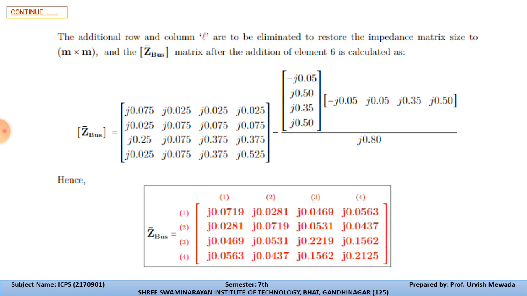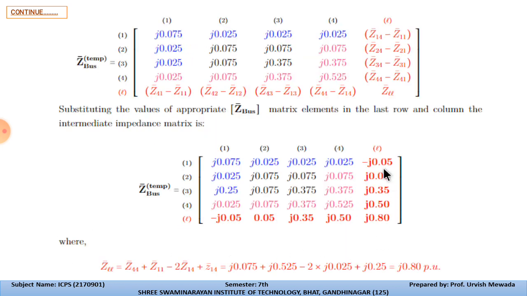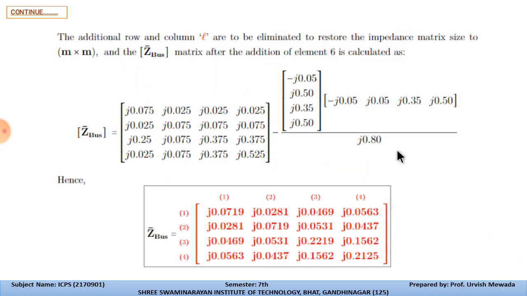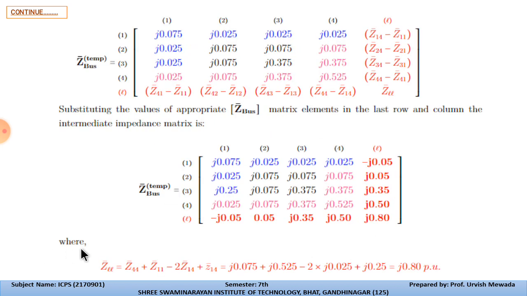Now the additional row and column L are to be eliminated from the previous bus. For this we will use Zbus old minus Zbus new. So 0.05, 0.05, 0.35 and 0.50 is the column, which will become the row.